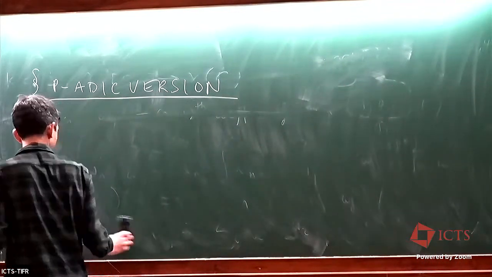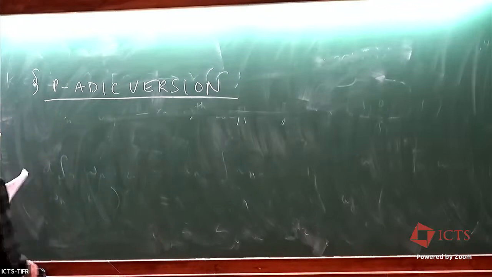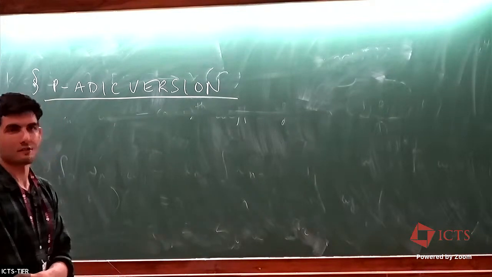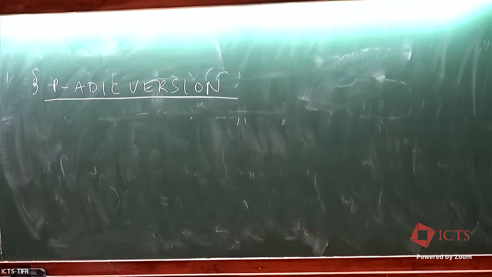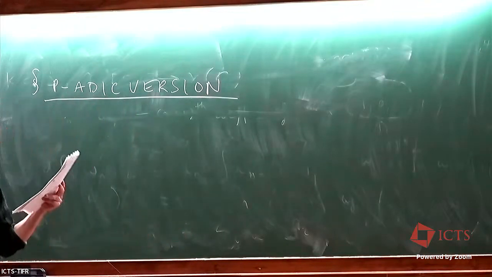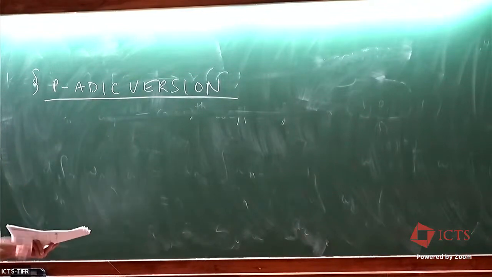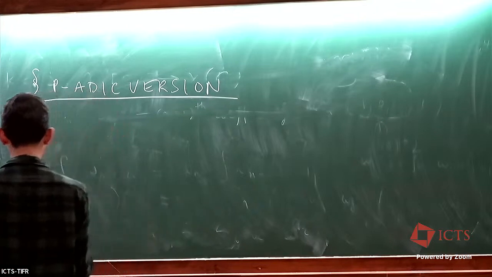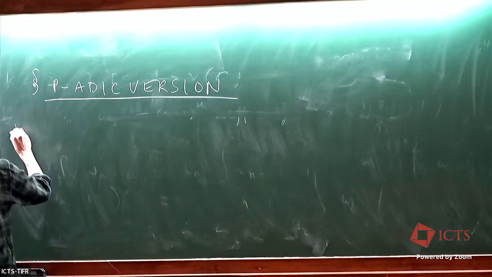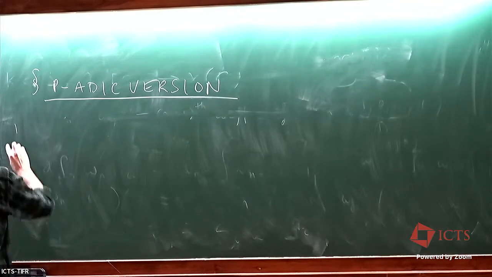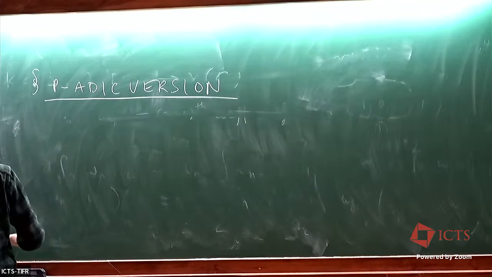The blessing and the curse of doing p-adic analytic geometry is that you have a very large range of choices of what category you work in. As I'll explain later, this is a feature because it means that you have lots of interesting extra structures because you can look at things in different ways. But of course, it is a bit of a bug when you're first learning the subject because there are a million different definitions and how they're related and so on. So I'll try and keep things fairly concrete.